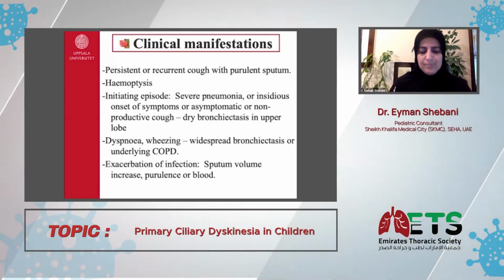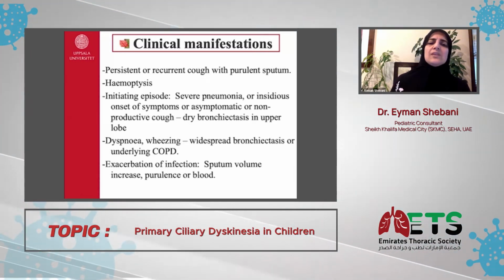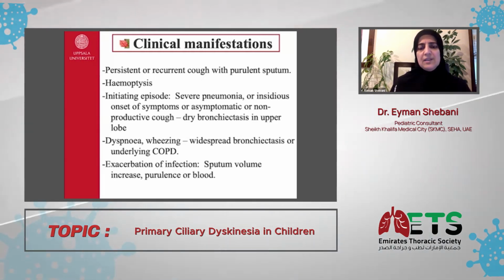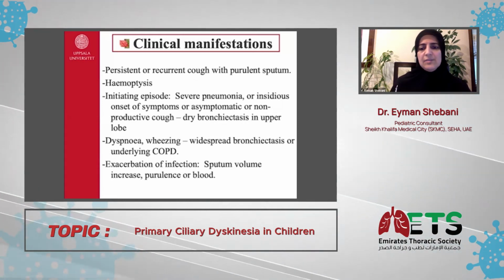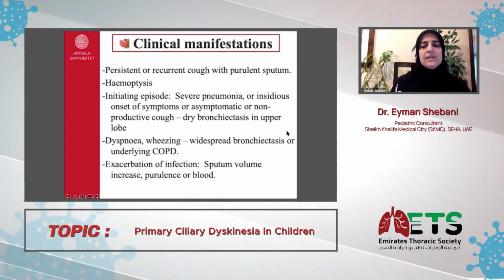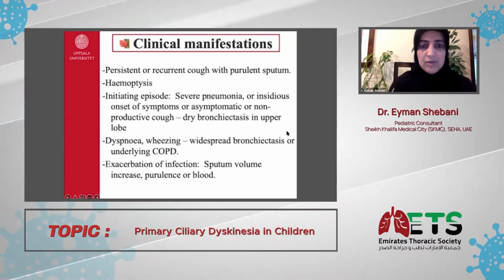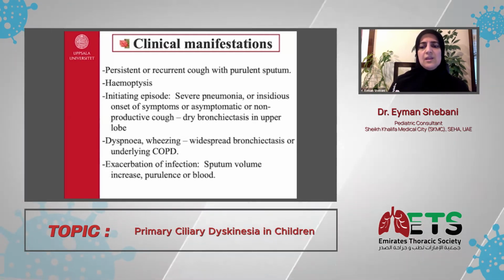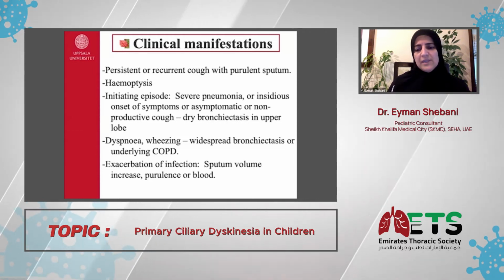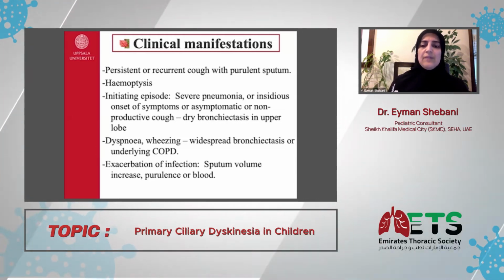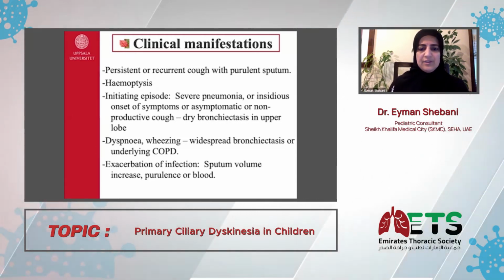But then you have the classical triad with PCD, which comes with bronchiectasis, sinusitis, and otitis media. And of course, if you have dextrocardia, then it's Kartagener syndrome. Not all PCD cases have Kartagener, but if you have situs inversus, then it's called Kartagener.